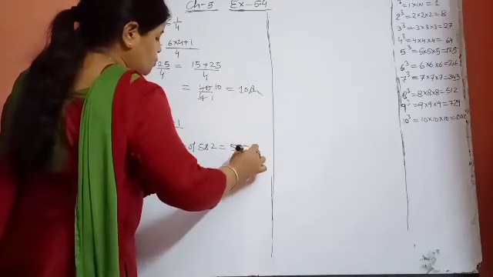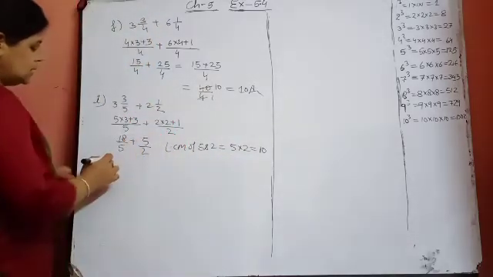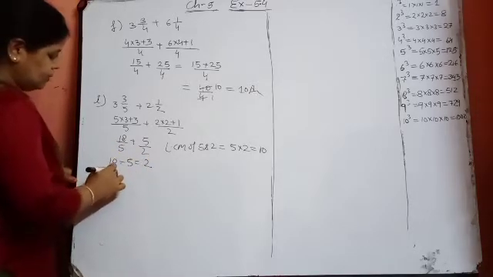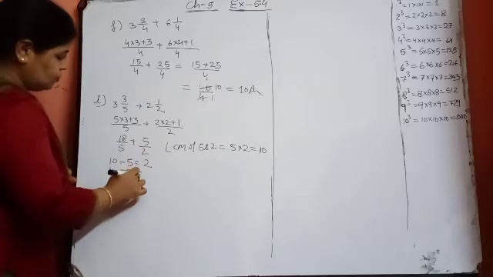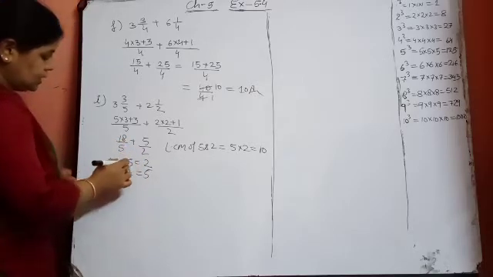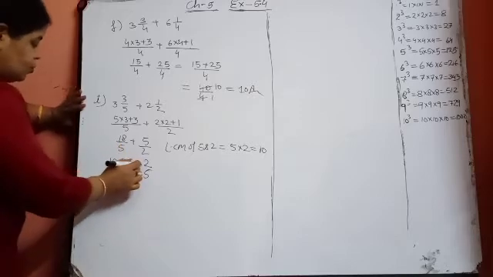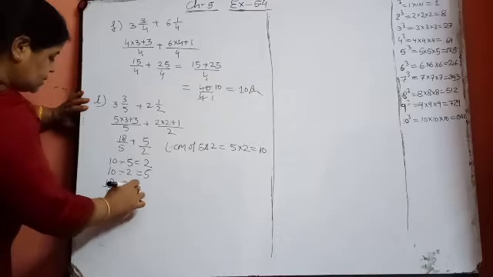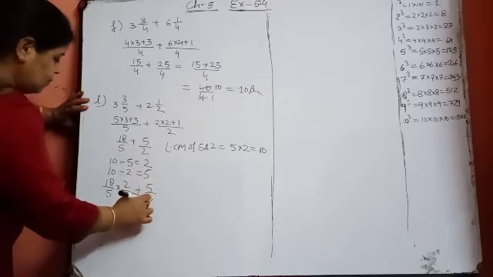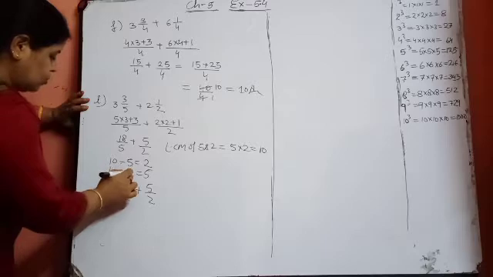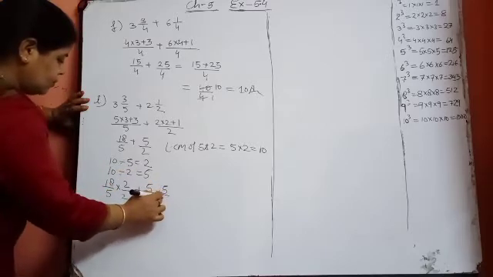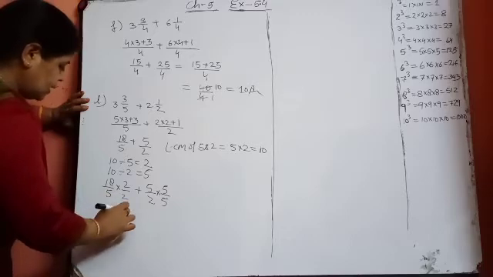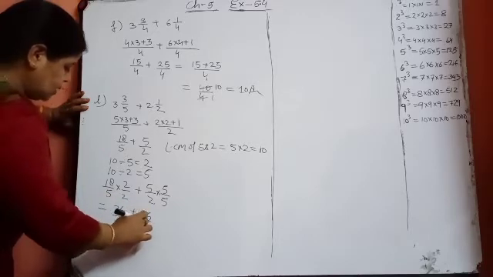5 into 2 is equal to 10. Then 10 will be divided by this 5. What will you get? 2. Next, 10 divided by this 2. What will you get? 5. So 18 upon 5 multiplied by 2 upon 2, plus 5 upon 2 multiplied by 5 upon 5. 18 twos are 36 upon 10, plus 5 fives are 25 upon 10.